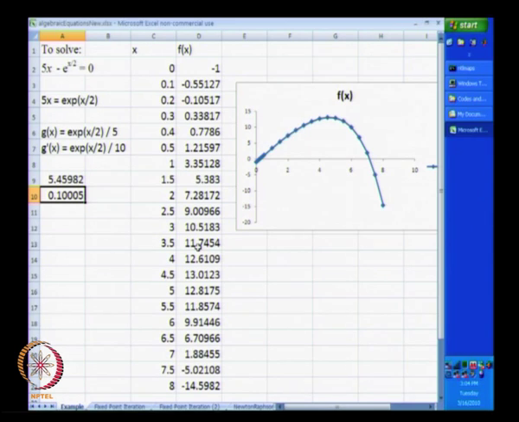So when we start with x equal to say 0.001, we are guaranteed to converge. When we start with x equal to 8, there is no guarantee of convergence. It is possible that the method will converge, it is possible that it will not. Just to take an example, if we were to replace this with 4, so exp of 4 by 2, that is going to show us convergence.